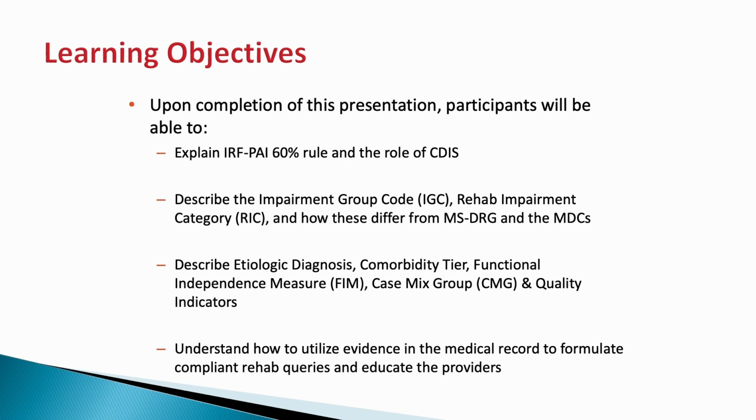Describe etiologic diagnosis, comorbidity tier, functional independence measure, FIM, case mix group, CMG, and quality indicators. Understand how to utilize evidence in the medical record to formulate compliant rehab queries and educate the providers.